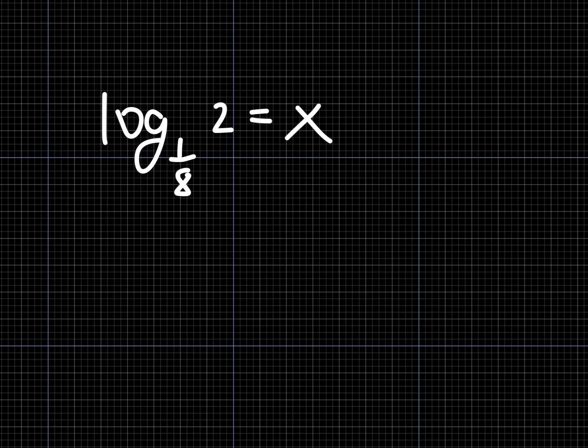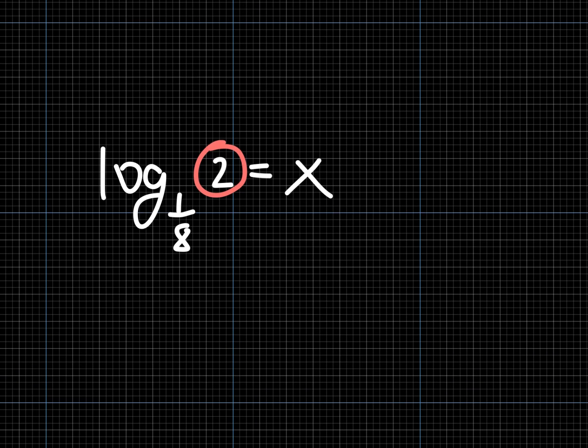I'm curious if you were on team, I'm going to rewrite the 2 as a 1/8 to a power. Did anybody do it that way? All right. 4 of you. All right, good. That totally works. If you can make this into 1/8 to a power, it's quick. Because then the power is the answer.